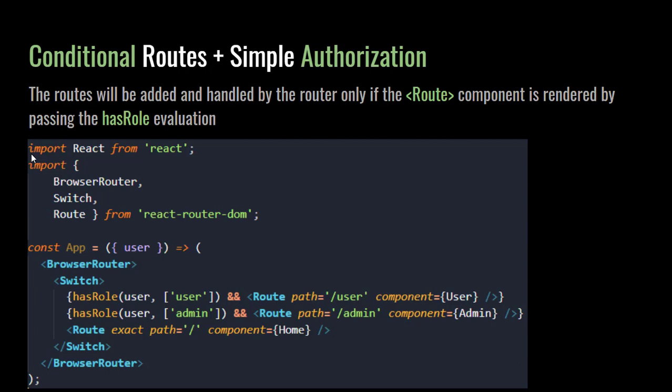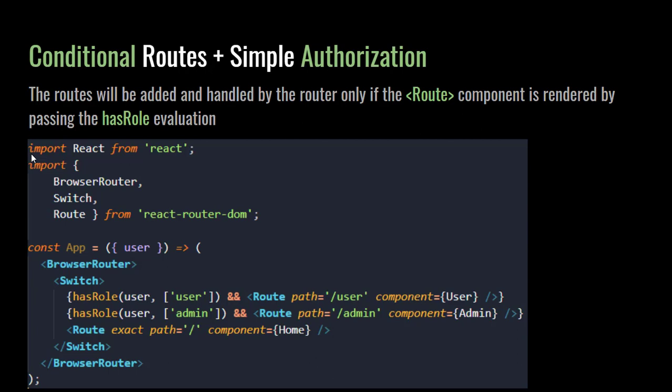We're basically saying that we have this expression that's going to be built. Maybe we have this hasRole method we already determined that takes a user and some type of role, and we figure out in that function, that piece of logic that we created, true or false, whether he has it or not.